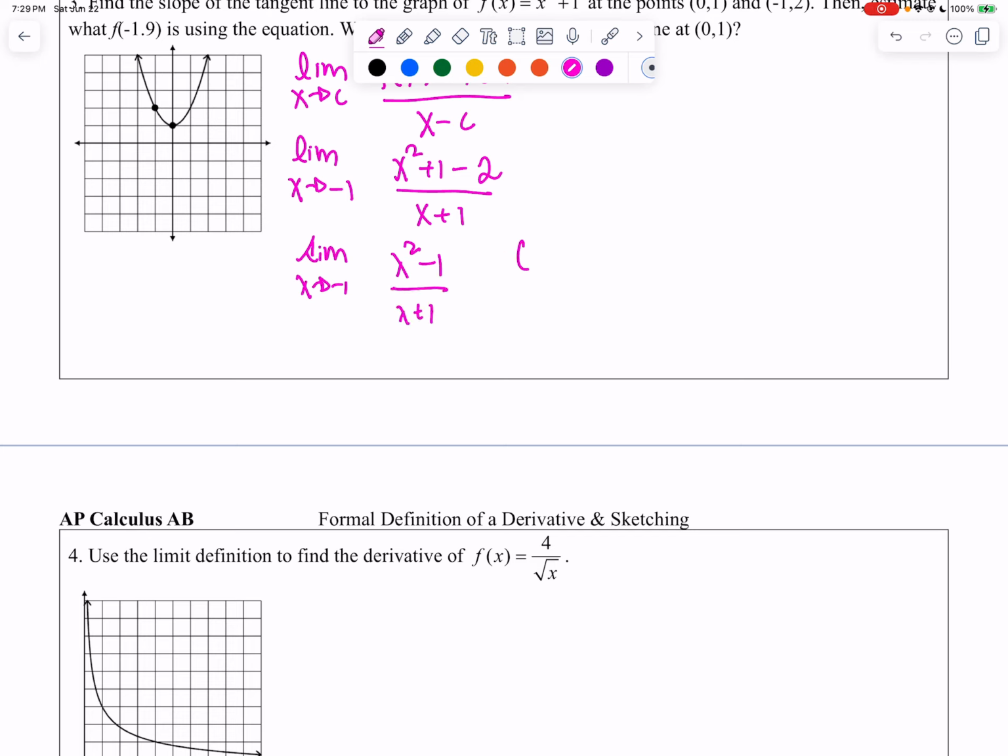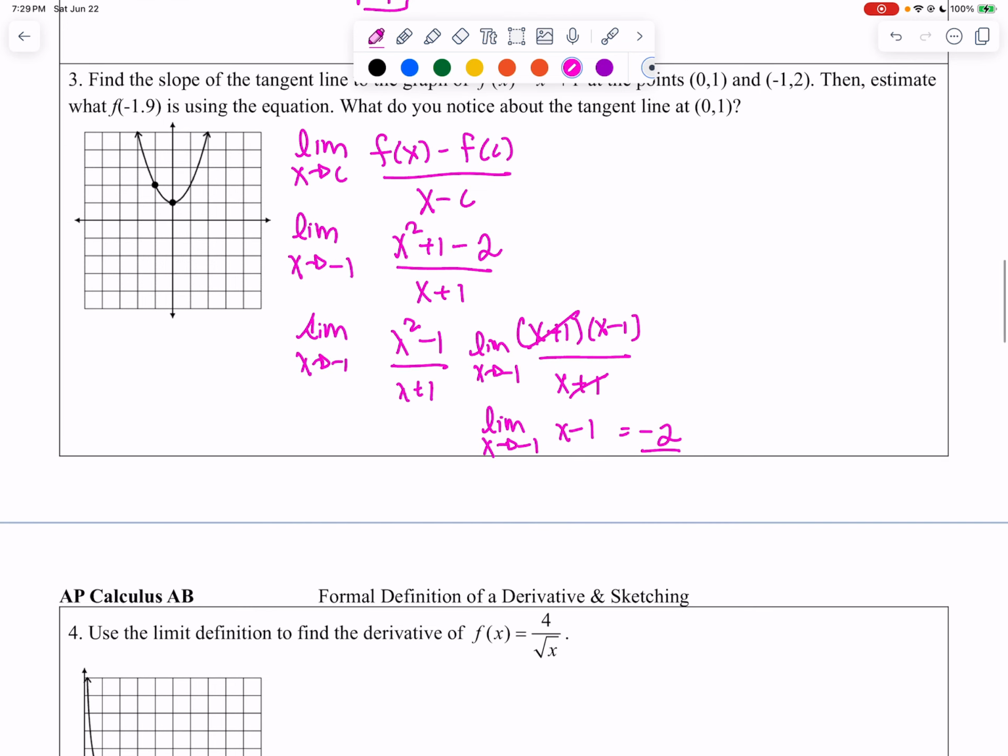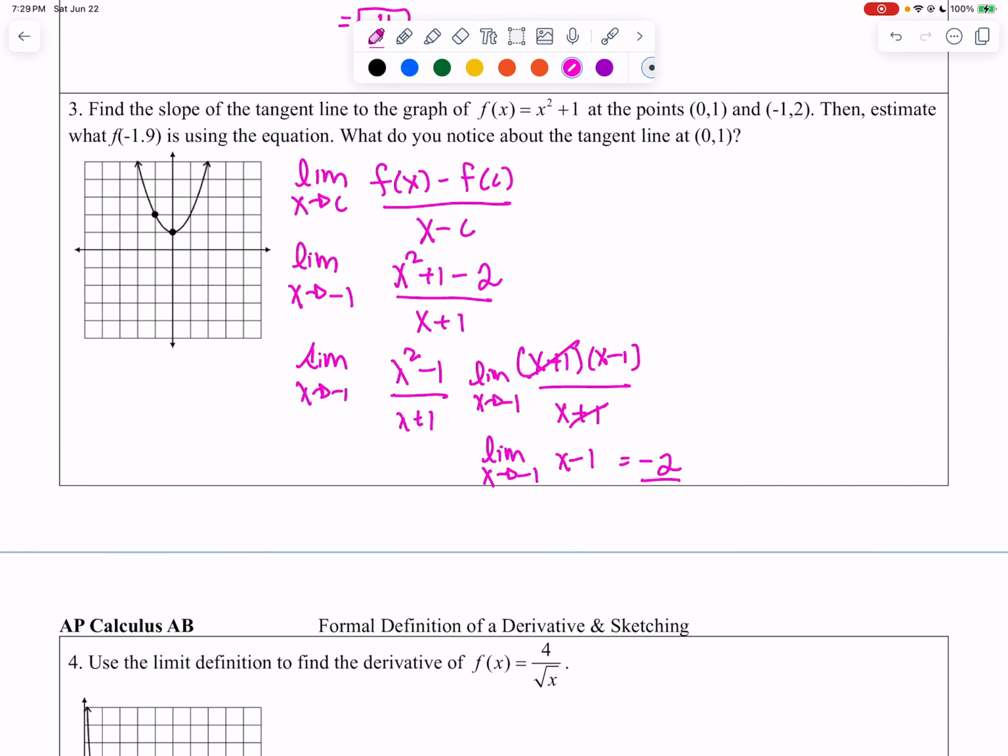Of course, I could factor that: x plus 1, x minus 1, all over x plus 1. Don't drop the limit. Cancel that out. So now I have the limit as x approaches negative 1 of x minus 1, which is going to give me negative 2. Wow. Crazy. So I have a slope of negative 2 at the point negative 1, 2.